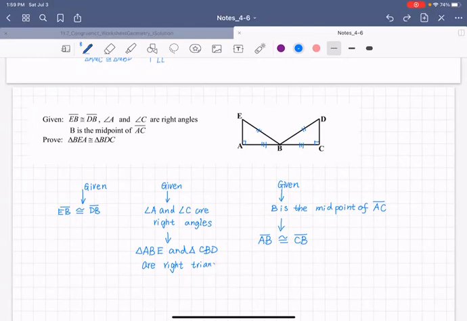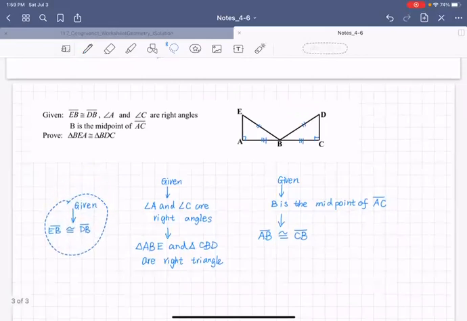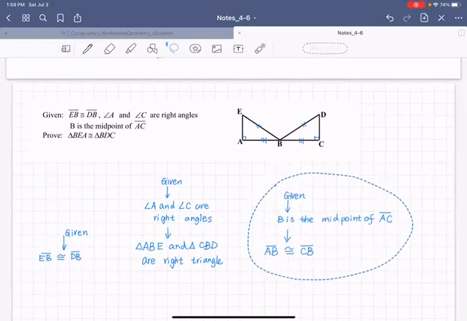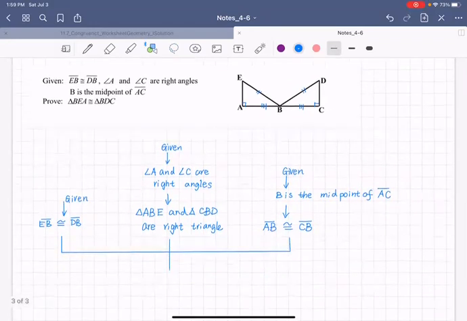Make sense? Yes. Okay. And then we can move this guy down here. Now we can prove.